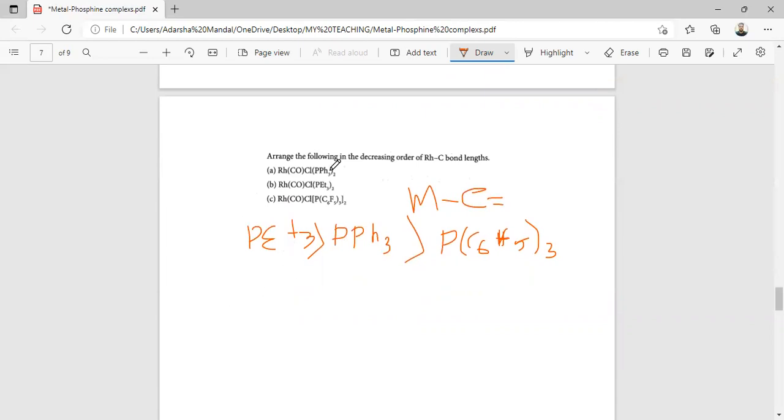So the order of the metal-carbonyl bond length is B, A, C. So complex B has the shortest metal-carbon bond compared to the others.